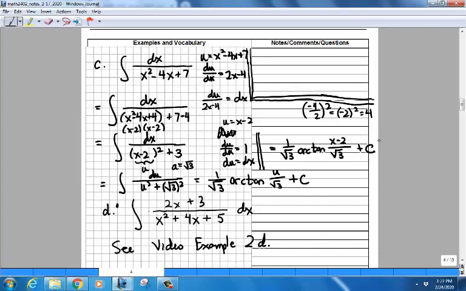But now, again, we have to think about how WebAssign's going to grade you. So how do you rationalize that if you want to get the square root out of the denominator? Yeah, multiply top and bottom by square root of 3, right? And so you'd end up with square root of 3 over 3. Same thing, okay?